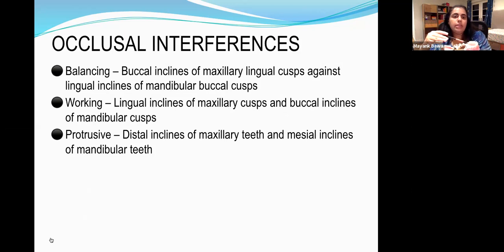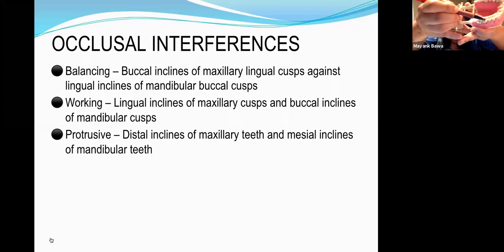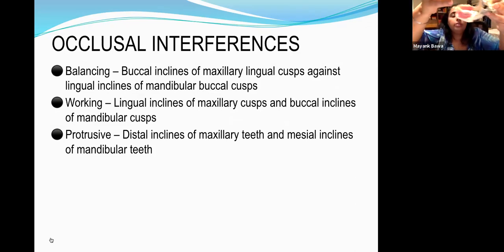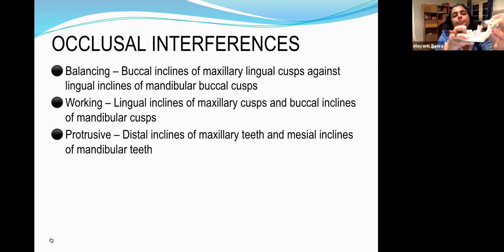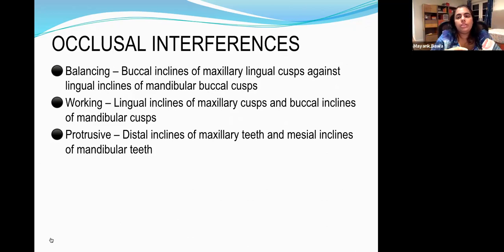So if we see on the buccal inclines of the maxillary lingual cusp, I don't know if you guys can see, I've marked that in red. And then on the mandibular side, it's the lingual incline of the mandibular buccal cusps, right? So if you see markings on those areas, you want to make sure that they are adjusted.